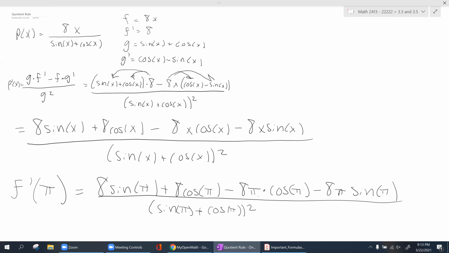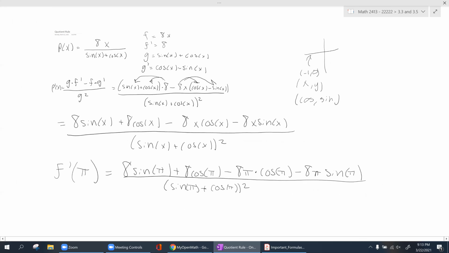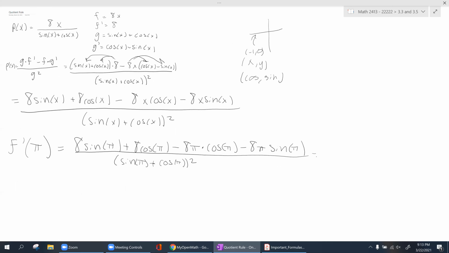And one thing we remember is pi is 180 degrees, meaning this point is negative 1, 0, in terms of x and y, where x represents my cosine and y represents my sine.